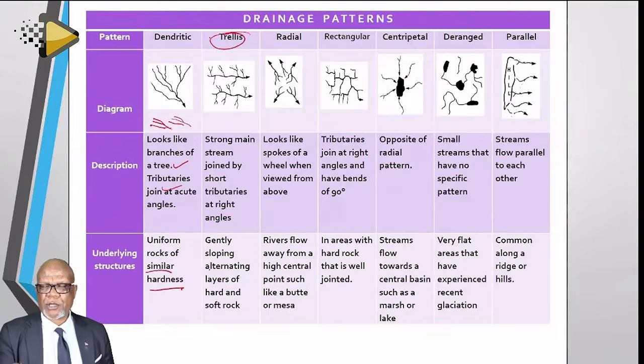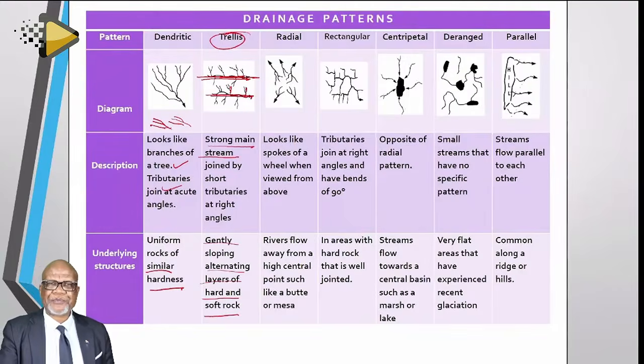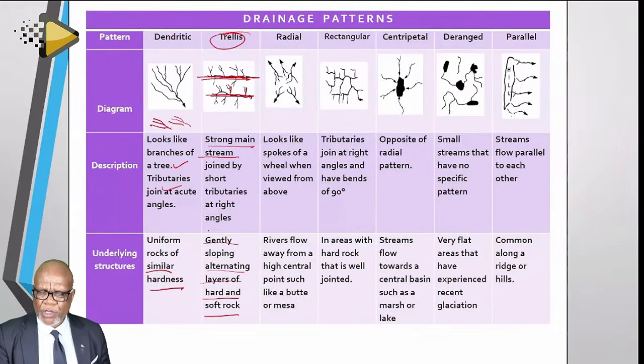The characteristics of the trellis pattern are that you have parallel main streams, and tributaries that are short and join the mainstream at 90 degrees. Where is it found? The underlying rock is gently sloping alternating layers of hard and soft rocks. Sometimes you can also say it is found where you have inclined strata.